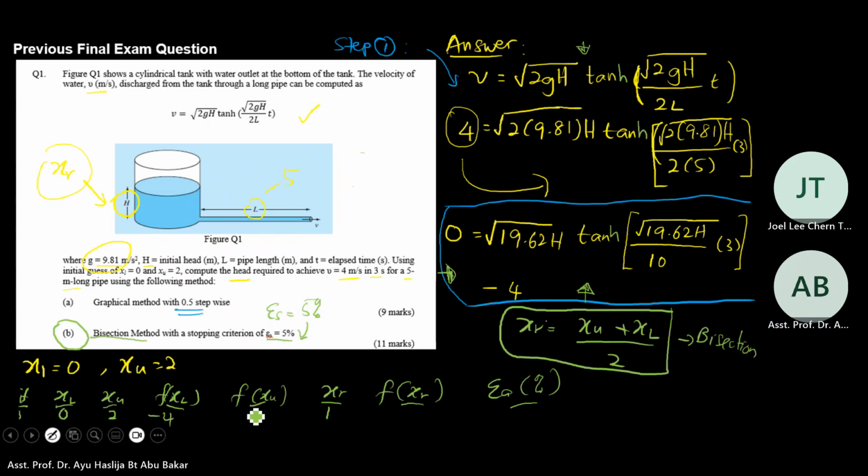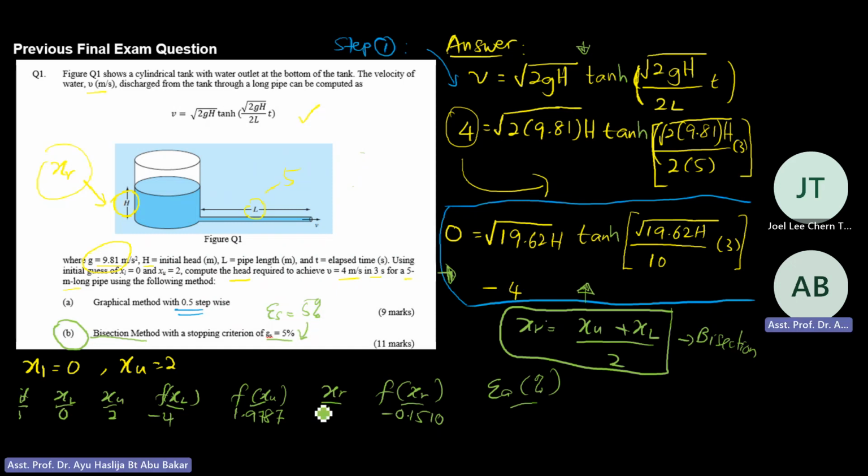FXU? 1.9787. Get the same. FXR? All get the same?